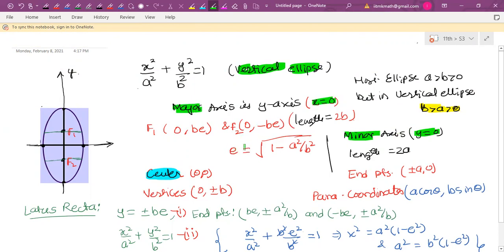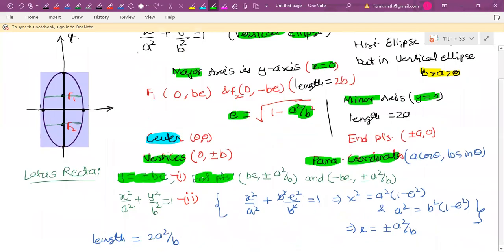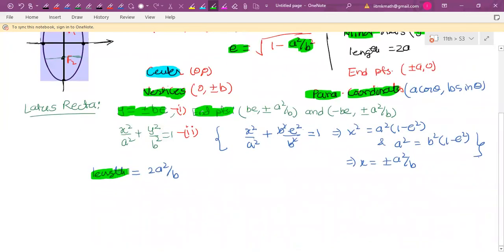The formula of eccentricity is changed: 1 minus a square upon b square. Vertices are changed. There is no change in the parametric coordinates. Then the equation of the latus recta, its endpoints and length.